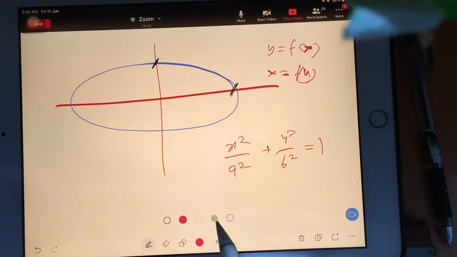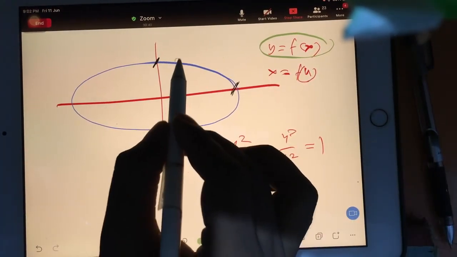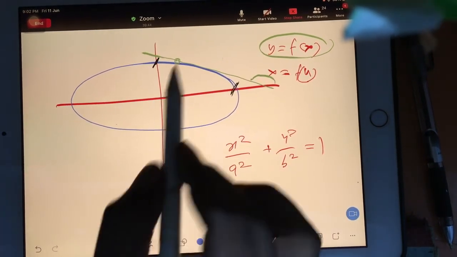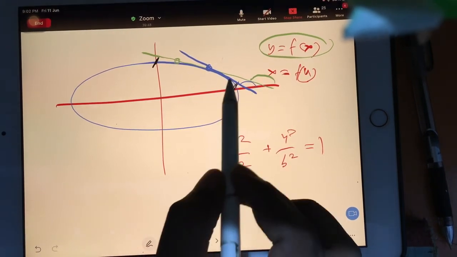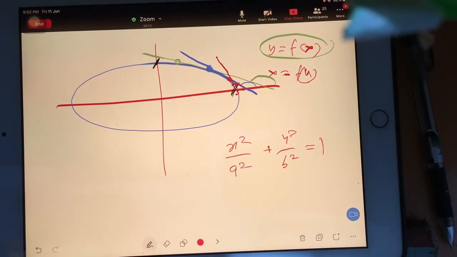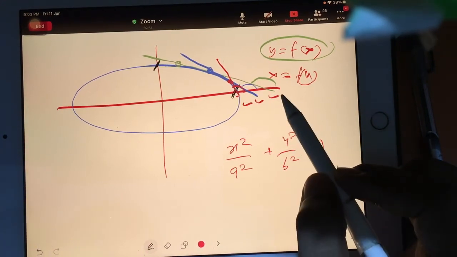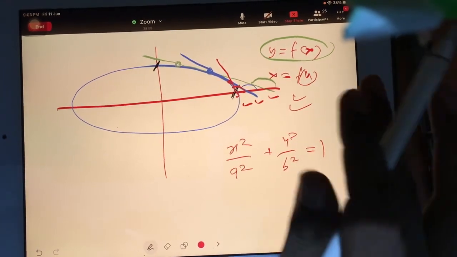So no need to make it complicated. Let's consider y is the function of x. So now see, at this point if you draw the slope is this. Then at this point you draw the slope is this. And this point you draw the slope is this. So you can see how are we increasing, right? So you can easily judge.